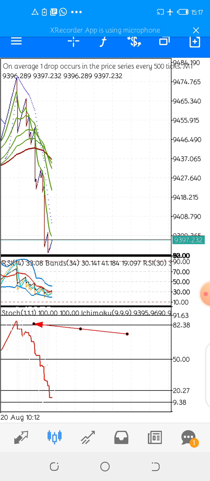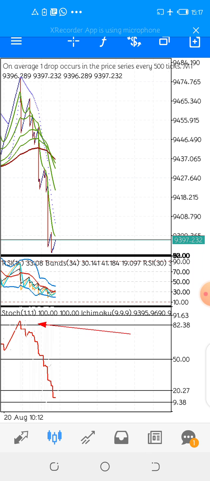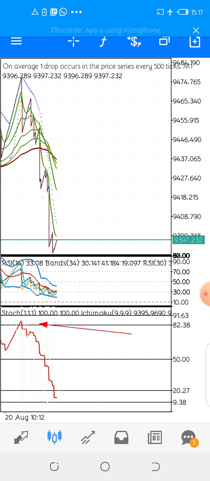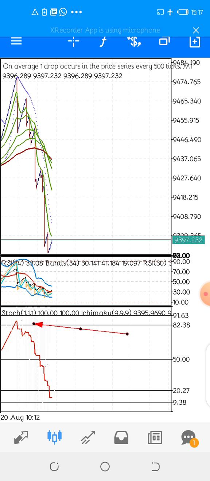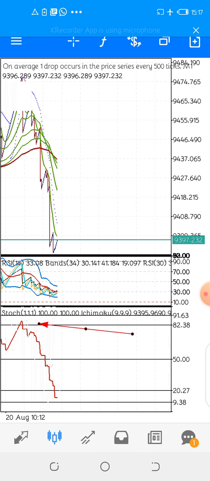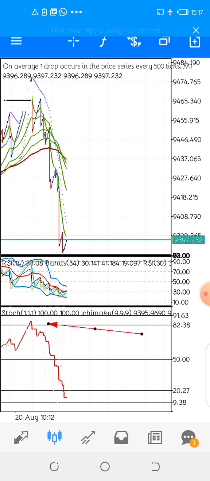It must cross level 80. Sometimes it will touch level 90. If it crosses 80, goes up, touches 90, and as it is coming down the moment it crosses 80, have confidence to sell, because at that time it will sell up to 50.